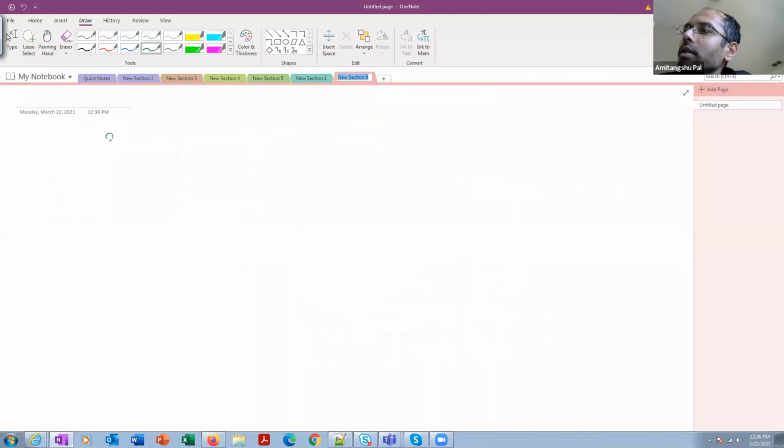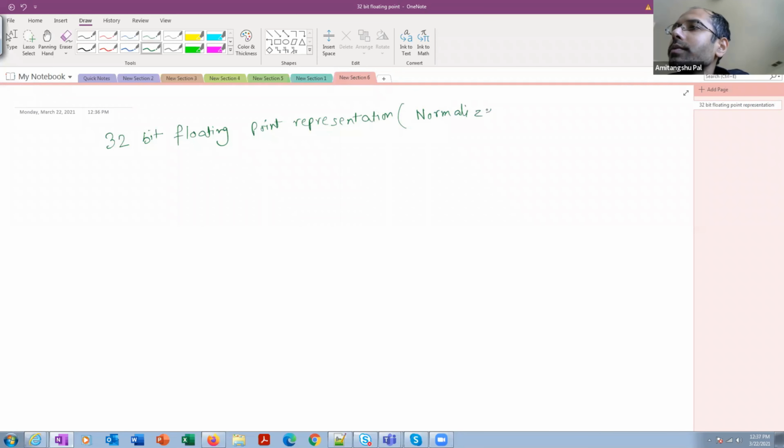So this is the topic that we are going to learn in today's class: 32-bit floating point representation in case of normalized values.